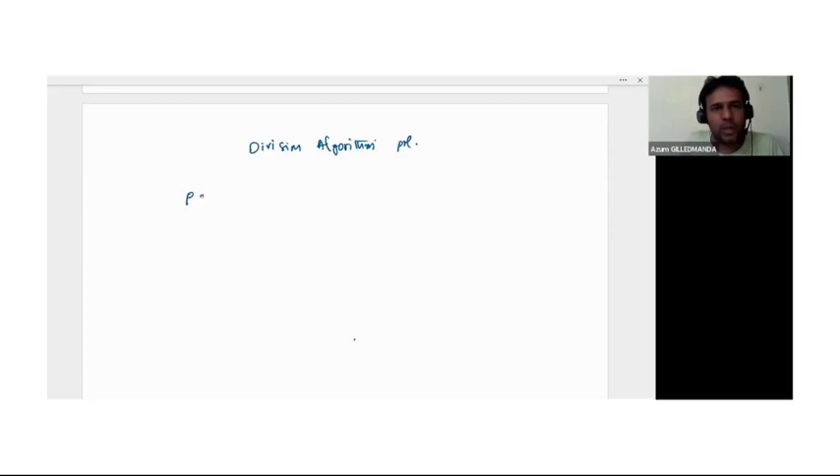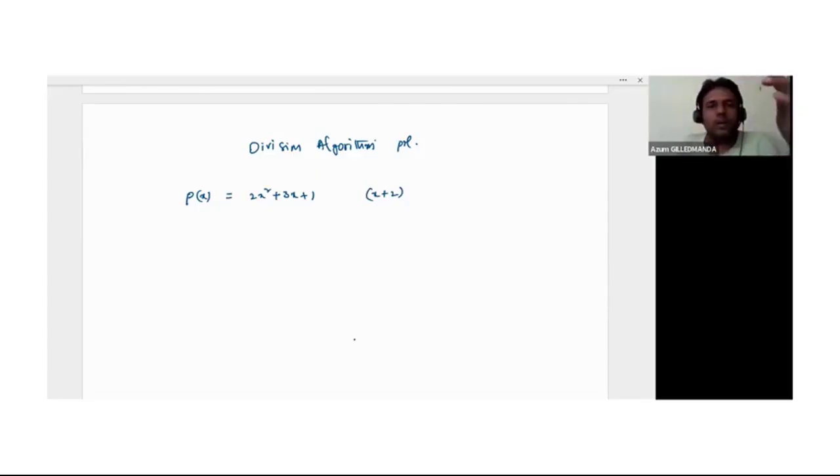Let's consider the polynomial. First, we'll do a quadratic polynomial, and then we'll move to a cubic polynomial. So the quadratic polynomial is p of x equal to 2x squared plus 3x plus 1, and they are saying minus 2 is one of the zeros.